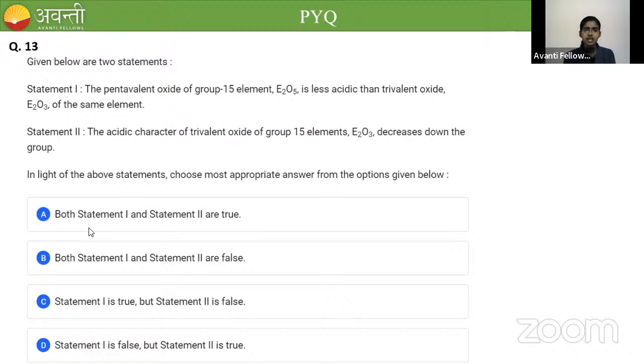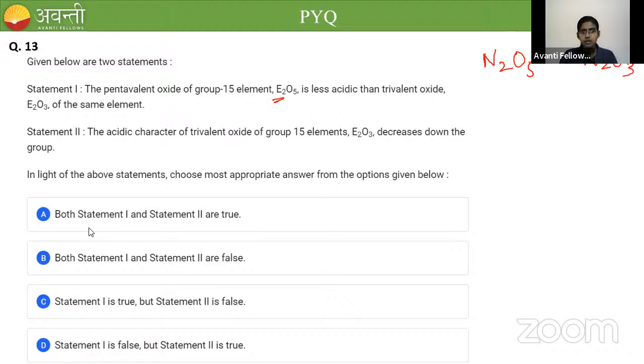The pentavalent oxide of a group 15 element, that is E2O5, is less acidic than the trivalent oxide E2O3 of the same element. Group 15 elements are the nitrogen group members, right? If I take this element as nitrogen, let me write N2O5 and N2O3. Now there is a comparison between these two oxides.